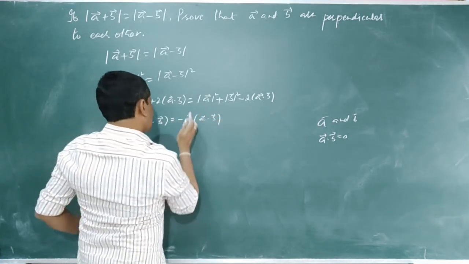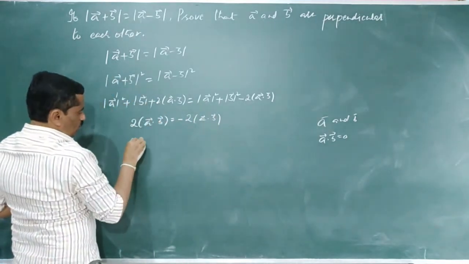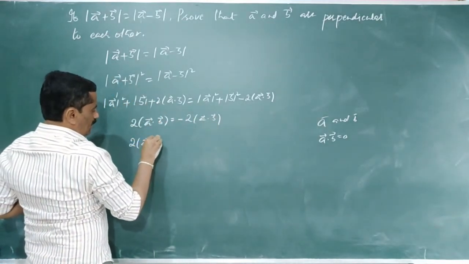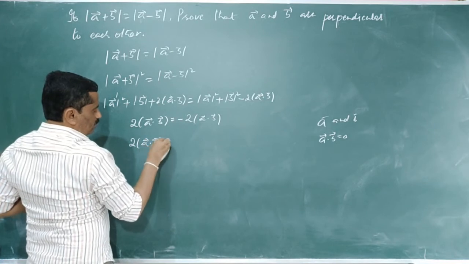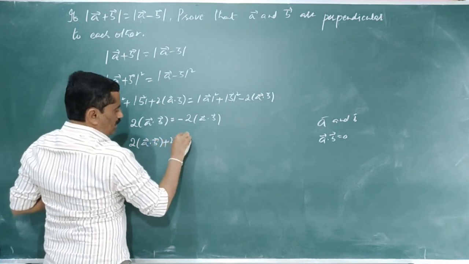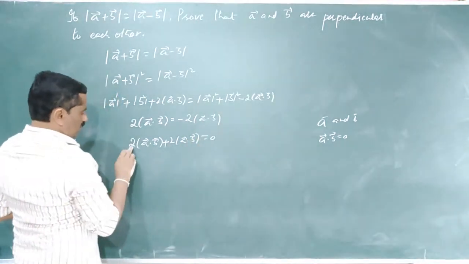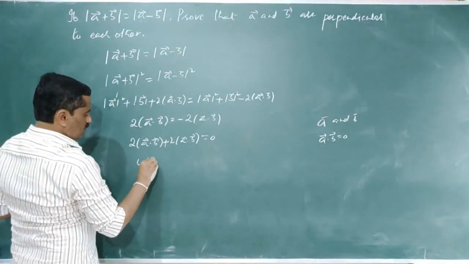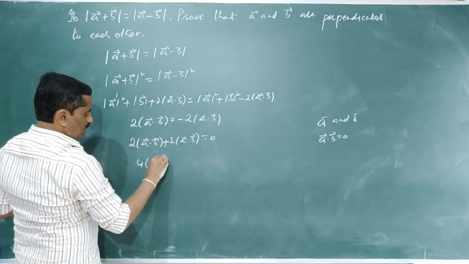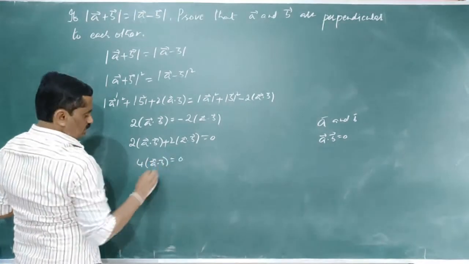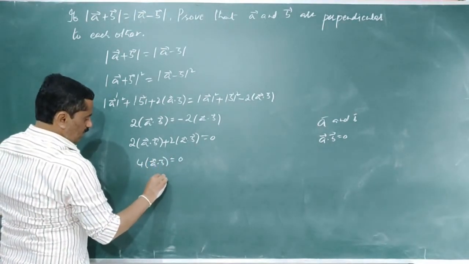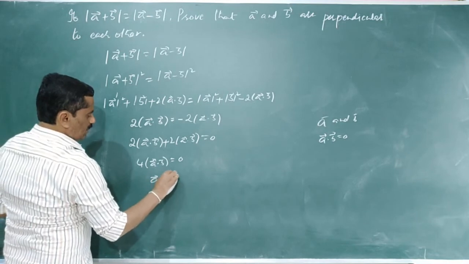Bring this entire term to LHS. Therefore 2 of a bar dot b bar plus 2 of a bar dot b bar is equal to 0. We have 4 of a bar dot b bar is equal to 0. Therefore a bar dot b bar is equal to 0.